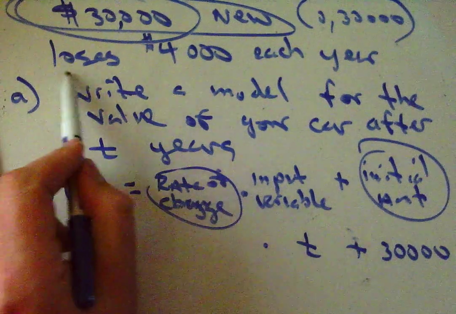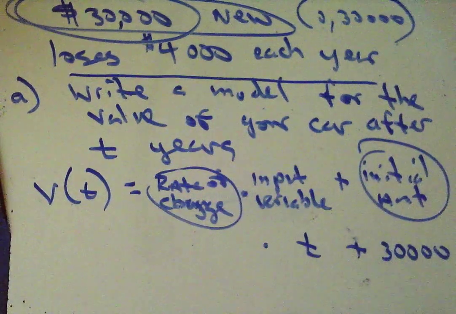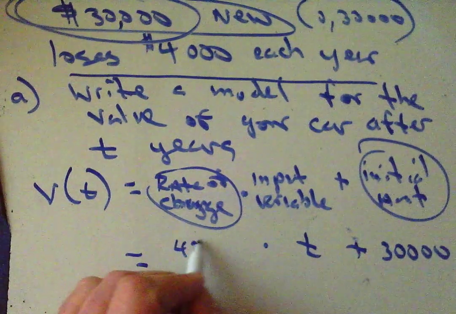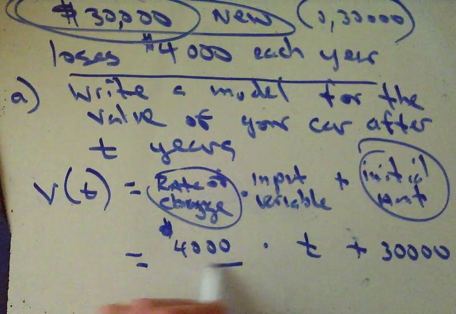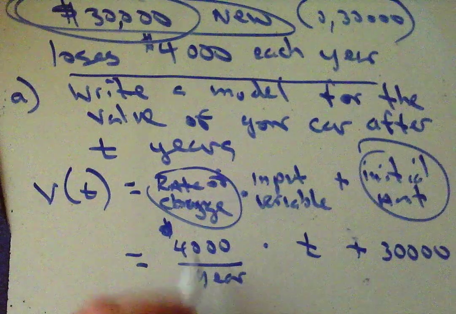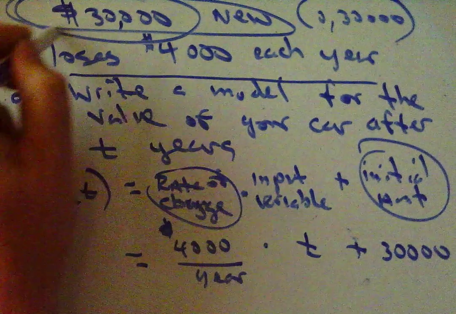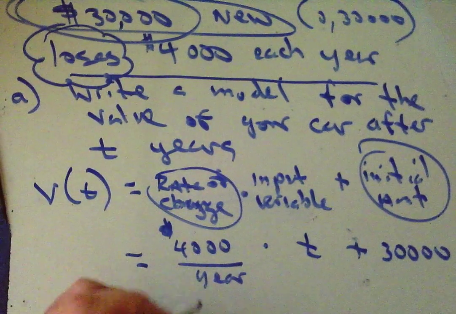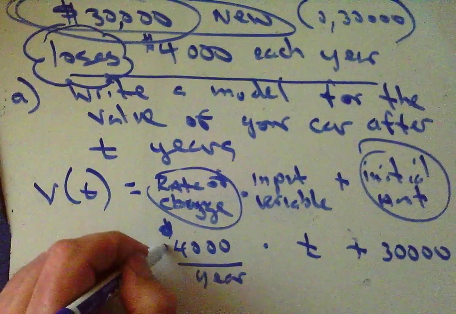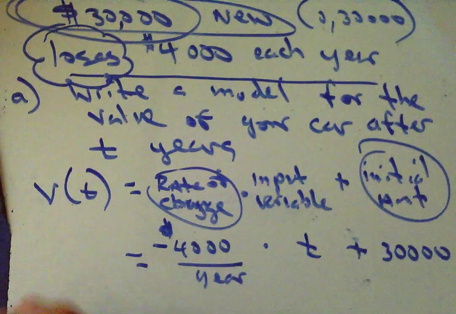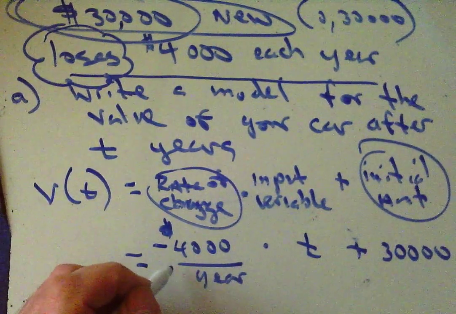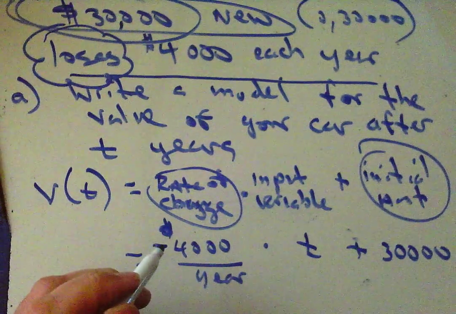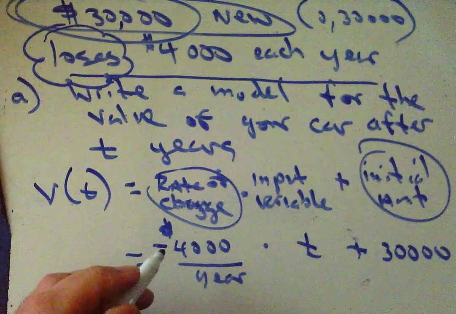Here the car loses $4,000 each year. Well, that's $4,000 per year. That's my rate of change, except loses. Loses means the value of the car isn't going up, it's going down. So I need to have a negative here. If I don't have that negative, I'm not going to be doing the right problem.